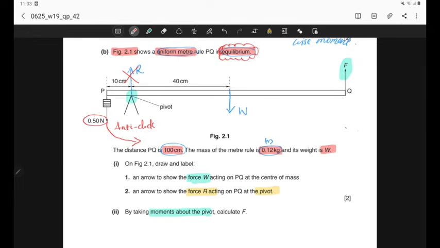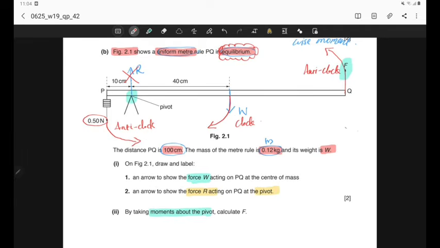And the second force is its weight. Weight will cause this meter rule to rotate in this given direction, which is clockwise. And the third is the unknown force, which is acting upward, which will cause this meter rule to rotate in this direction, which is again anti-clockwise.